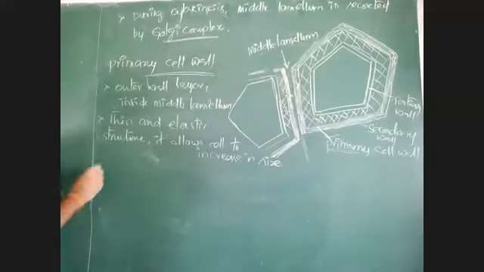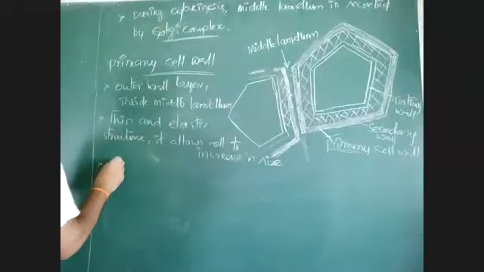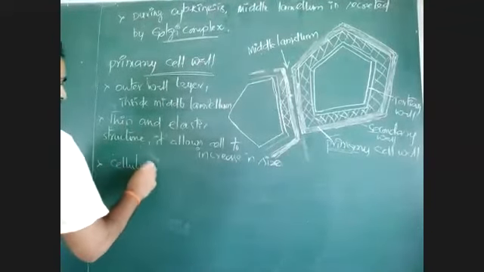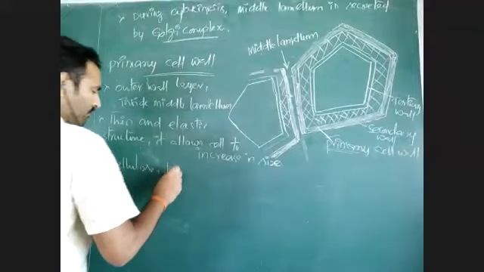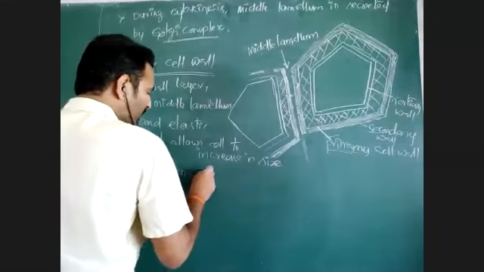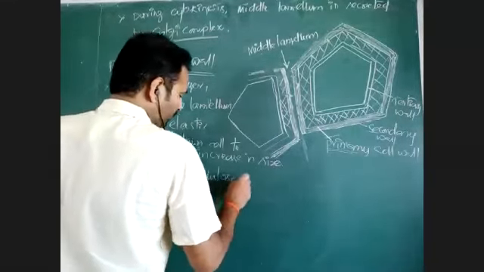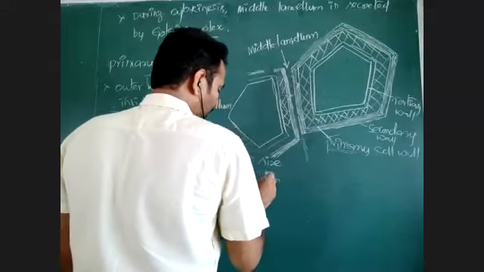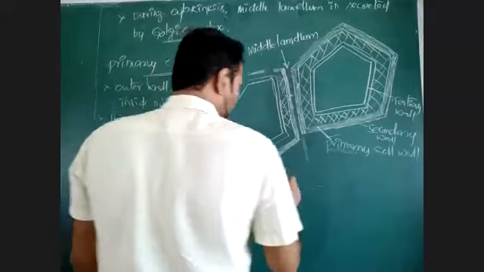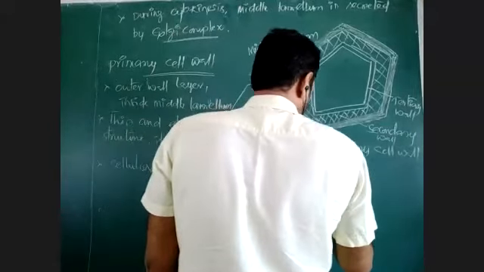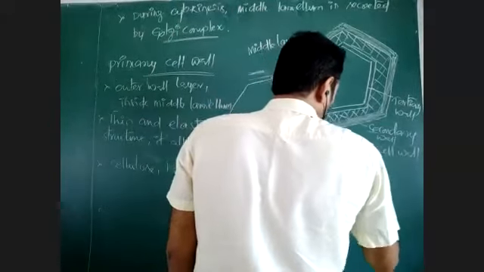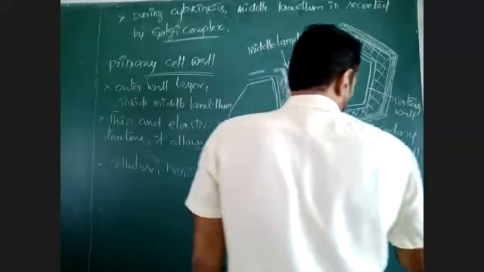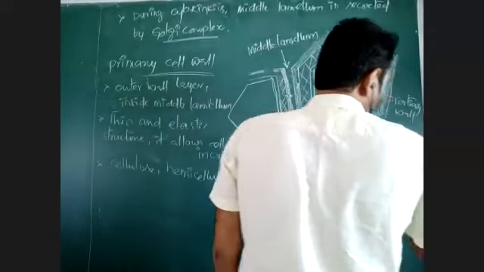Okay, and what is present here is cellulose, hemicellulose, pectin, and some proteins present in the primary cell wall.